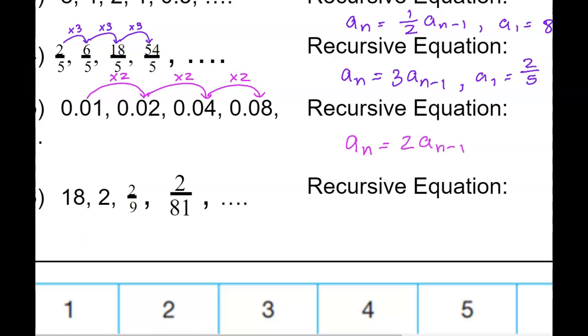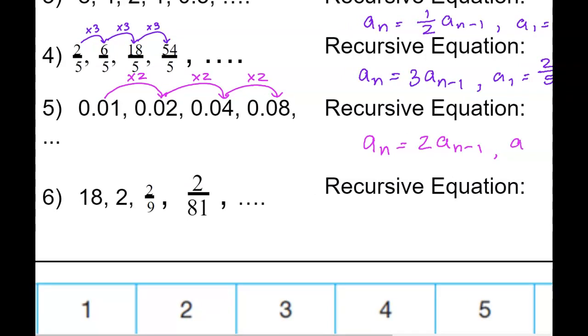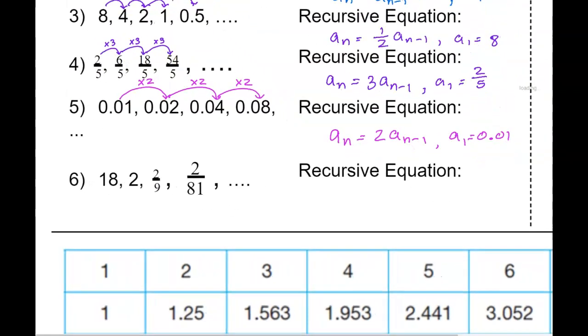Perfect. And then what do we state at the end there, Eli, for number 5? Perfect. A sub 1 equals 0.01.